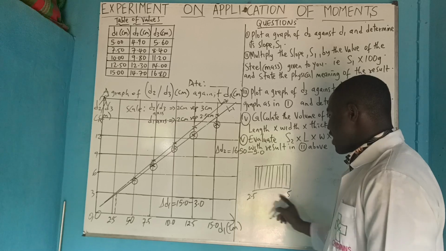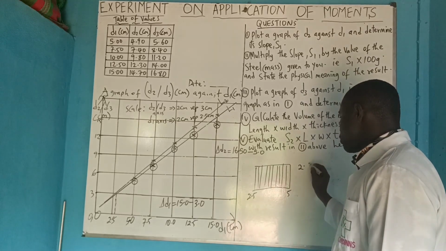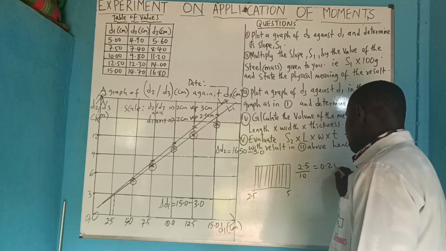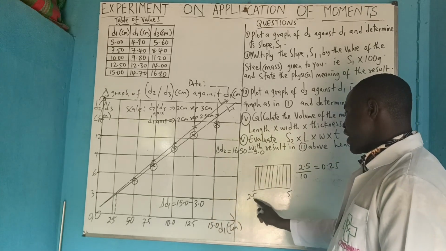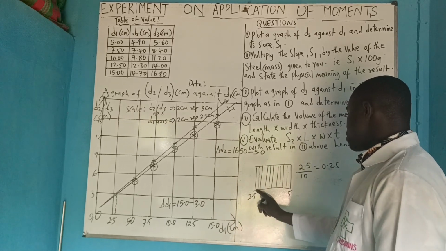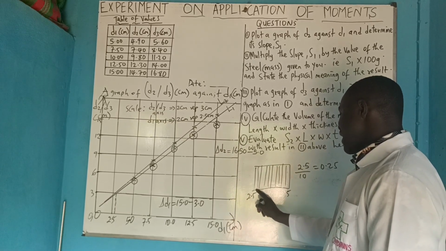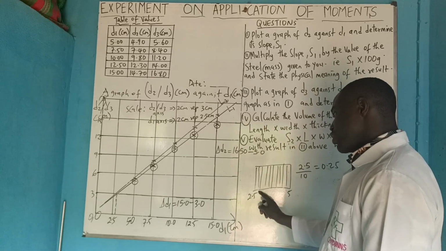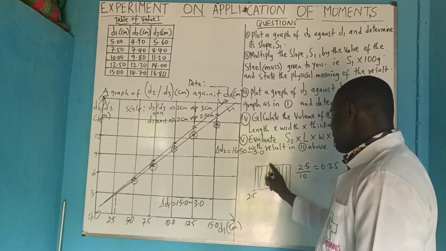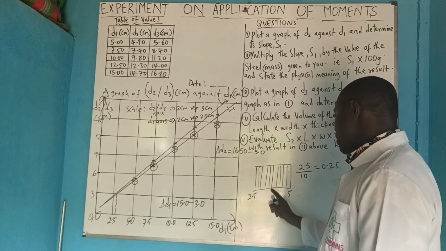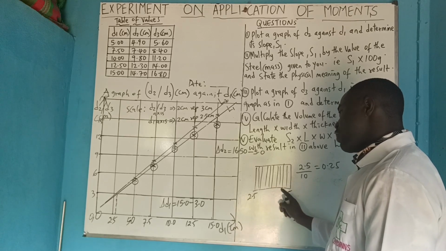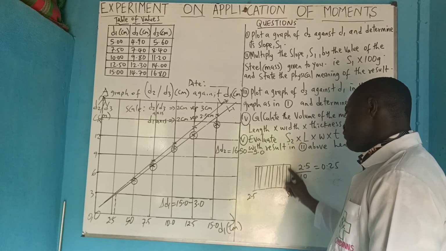Now what you do is 5 minus 2.5, you have 2.5 all over the 10 spaces, which is 0.25. That means 2.5 plus 0.25 is 2.75, the next line, then 3.0, 3.25, 3.5, 3.75, 4.0, 4.25, 4.5, 4.75.